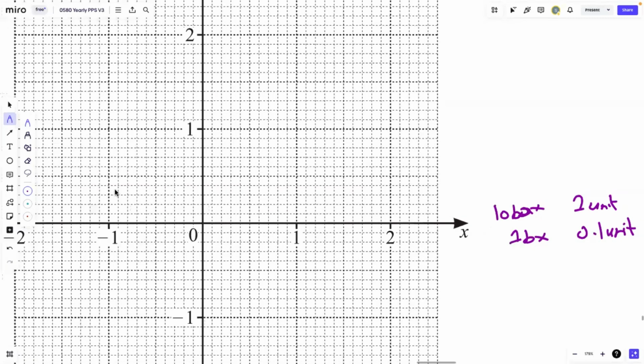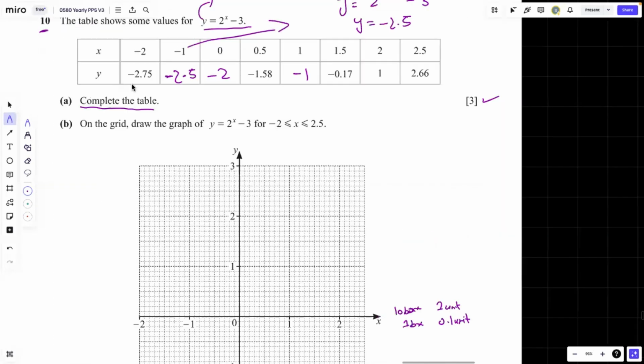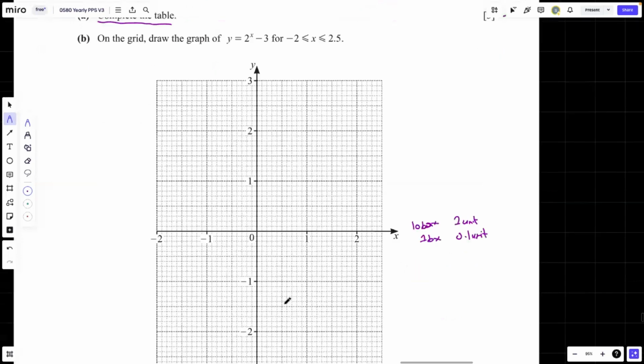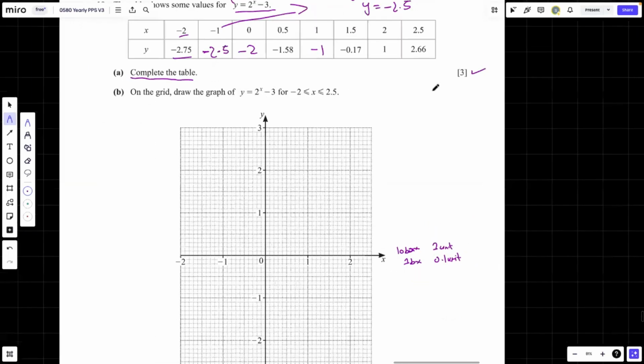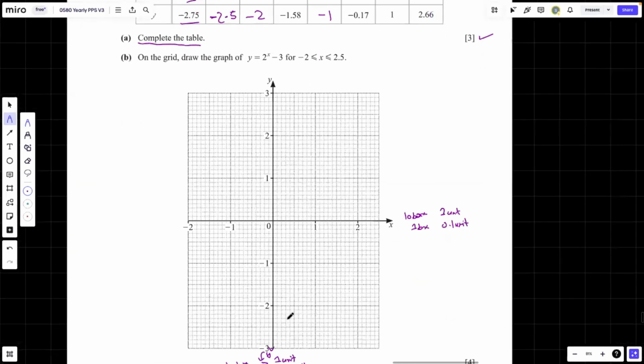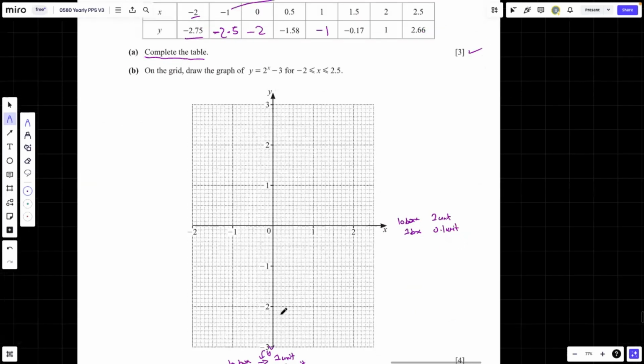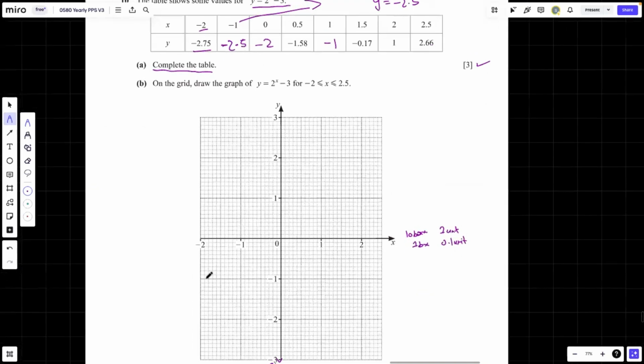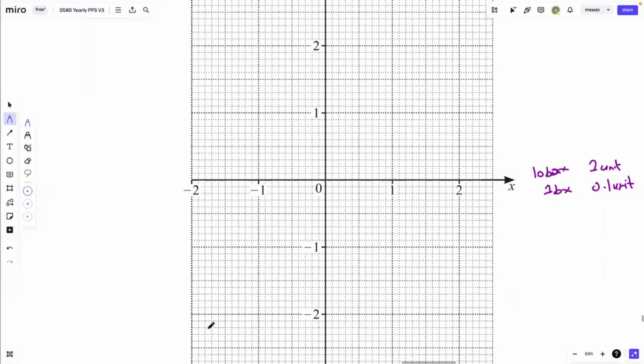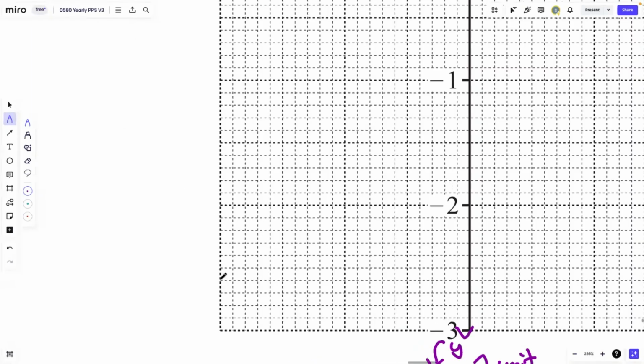And now we can plot the values. The first value we have is -2 and -2.75. You can write them in the form of x and y coordinates, so you make sure you do not mix up the y's and x's here. So -2 and -2.75. This is -2.5, this is -2.75.